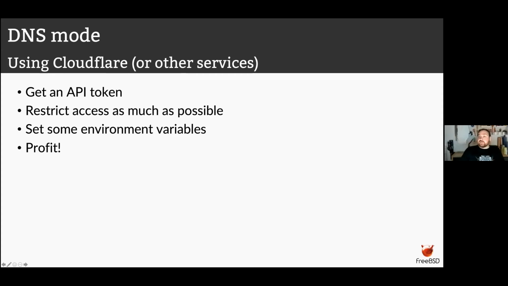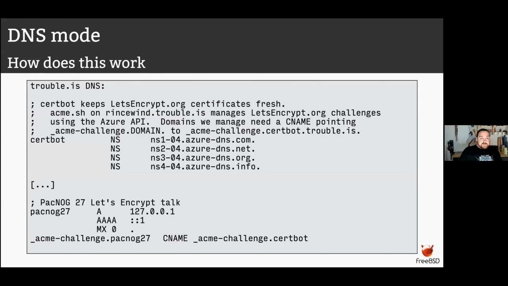It's just a different API. This is what I have in my trouble.is DNS. I've got certbots delegated to Azure. You can delegate it to someone else, or you can run it in-house. Fundamentally, at the end of the day, the only thing that matters is you must be able to put TXT records into the public DNS.